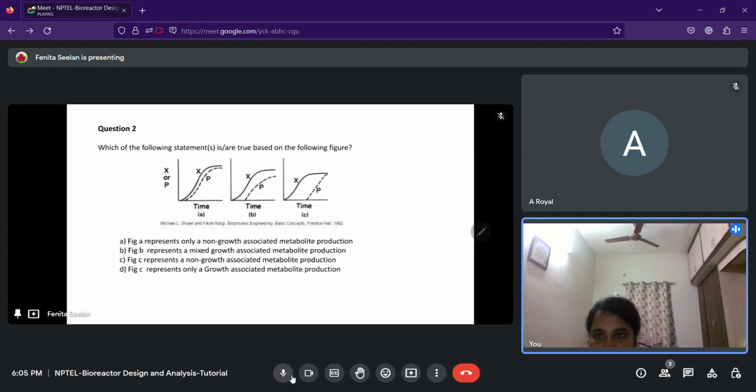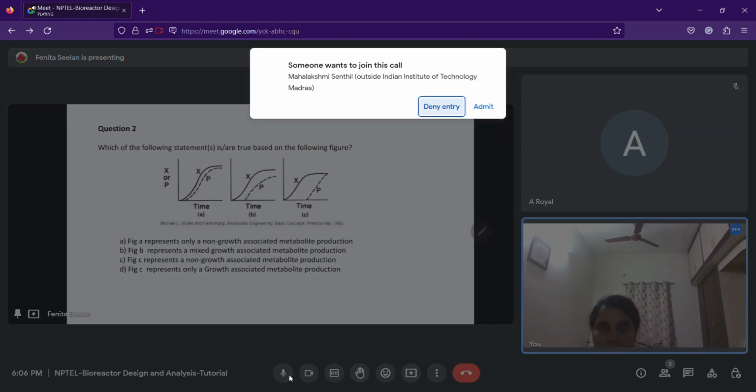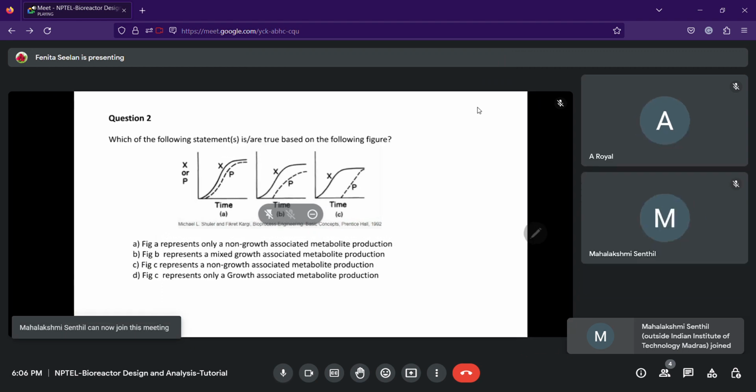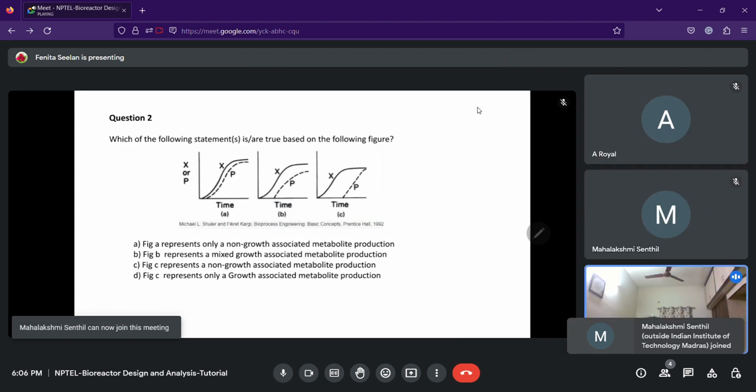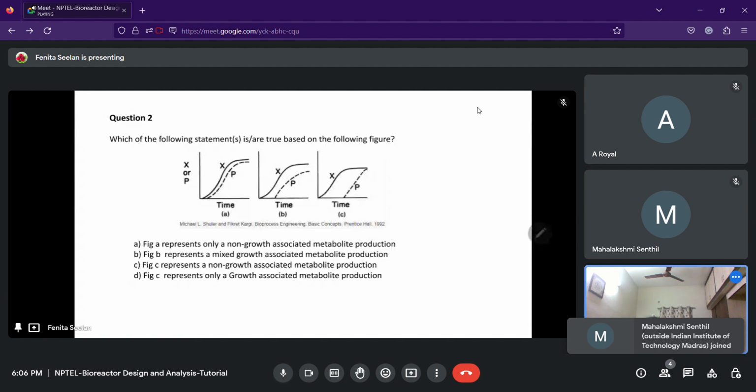The next question: there are three given graphs A, B, and C. Which of the following statements is true based on the figure? We have been given a product or biomass versus time graph, where figure A represents only a non-growth associated metabolite production, B represents a mixed growth associated metabolite production, and C represents a growth associated metabolite production.